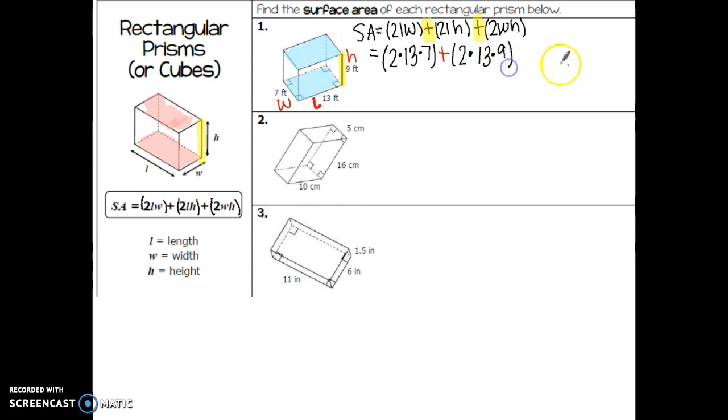I'm going to close that set of parentheses. Another plus, and then say 2 multiplied by my width, multiplied by my height. And so we can actually put all of that into the calculator at once, and I'll show you how.